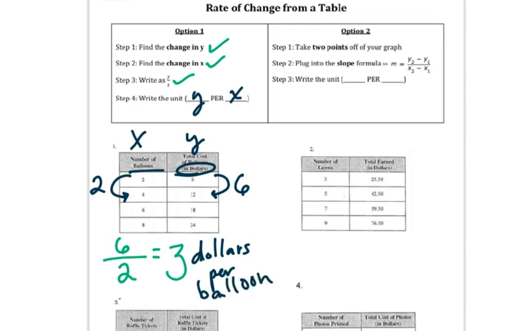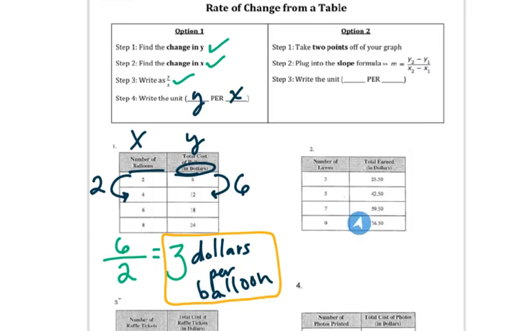So the rate of change is the y per the x. $3 per balloon is what this table is showing us. So we could get the slope by finding how much the y's increase over how much the x's increase. 6 divided by 2 equals $3 per balloon.